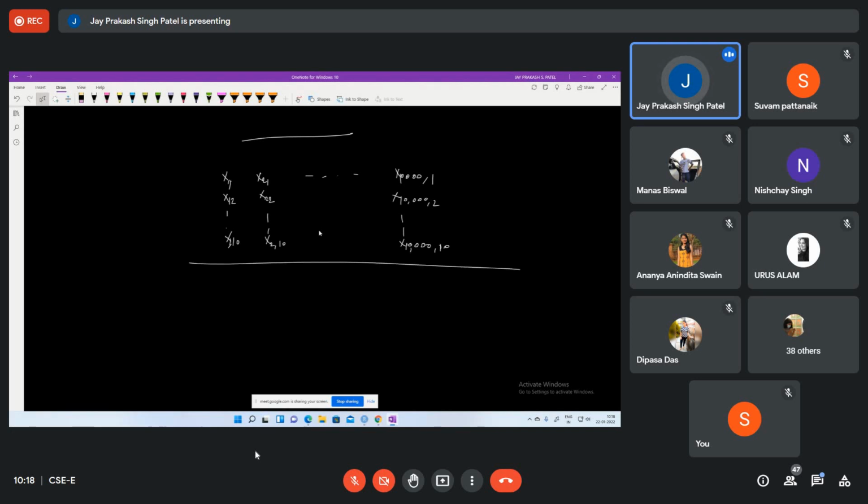And then we are taking the average, right? So this one is x1 dot bar, x2 dot bar, and then x10,000 dot bar. So now we have how many observations here? How many means? There are 10,000 means, right?